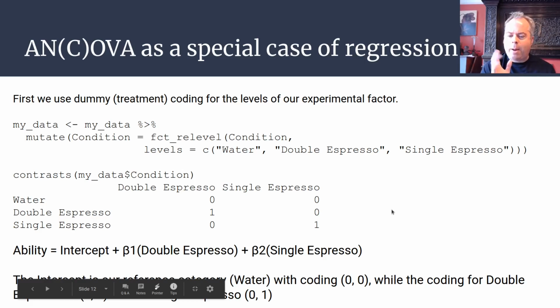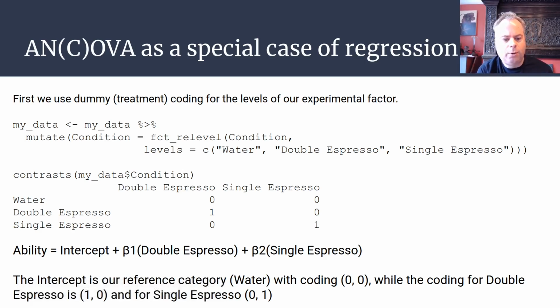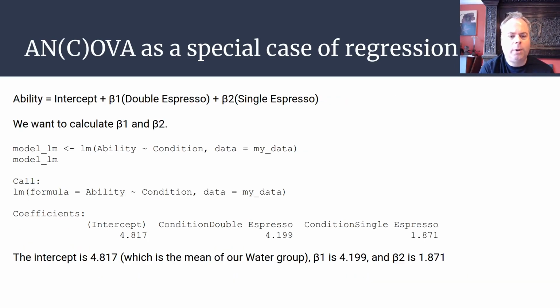So this is how we apply our coding scheme in conjunction with the coefficients we're about to calculate to recover the means for each of our 3 experimental groups. So we have ability is equal to our intercept plus beta 1 coefficient multiplied by the coding for our double espresso group plus beta 2 coefficient, and then the equivalent coding for single espresso as well, depending on what level of the factor we're wanting to calculate.